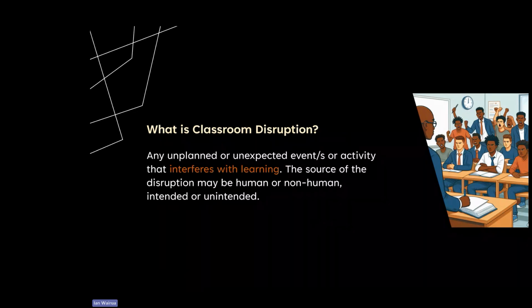My phone rings. That's a disruption. Or maybe I fall sick. Or maybe I suddenly lose my voice. Well, that may not be so sudden, but there are an innumerable number of possible interruptions and disruptions that can happen in our classrooms. So that's the definition there.